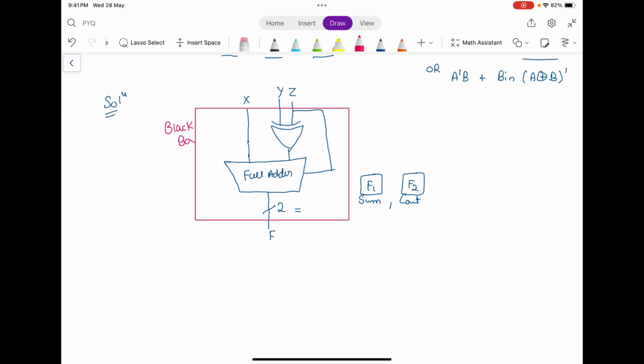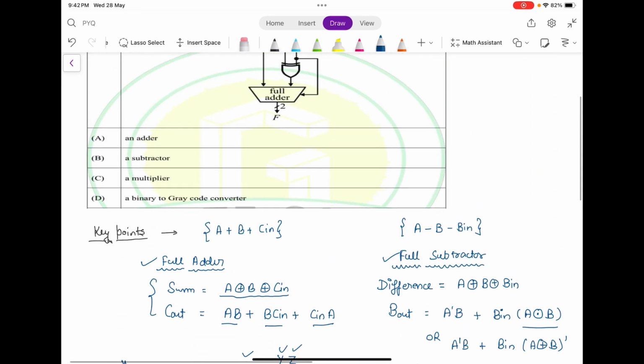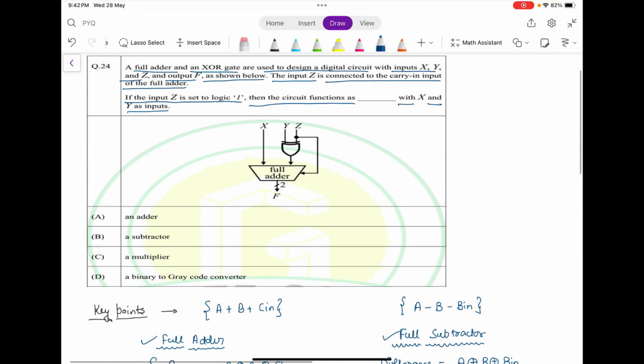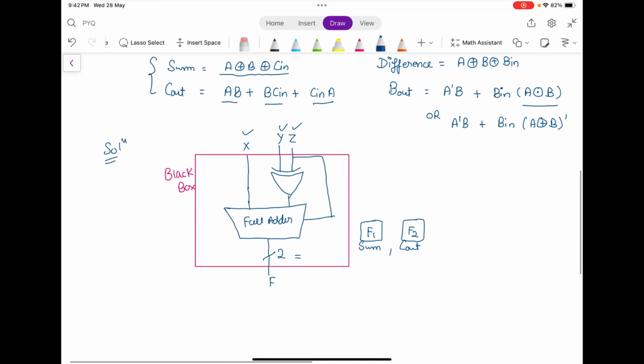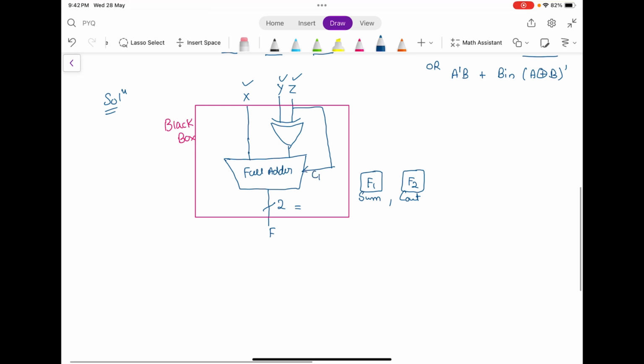So you don't know what is inside, and you are given the entire inputs X, Y, and Z. And the question also says that Z is connected to the carry in of the full adder. So you have to remember this. This C in is nothing but equal to Z.